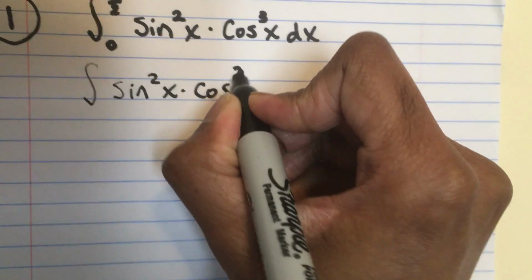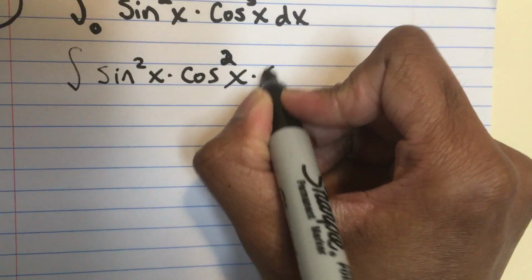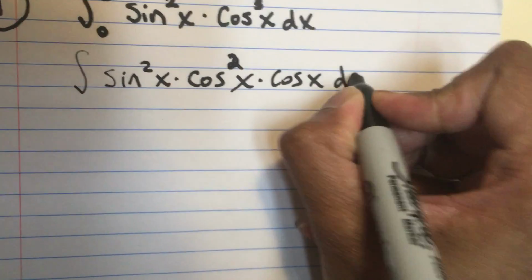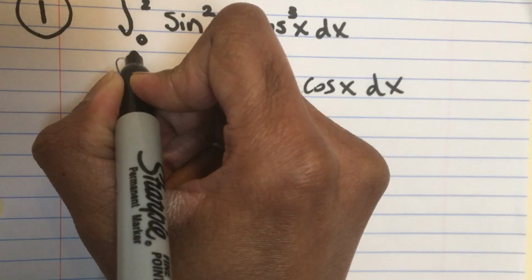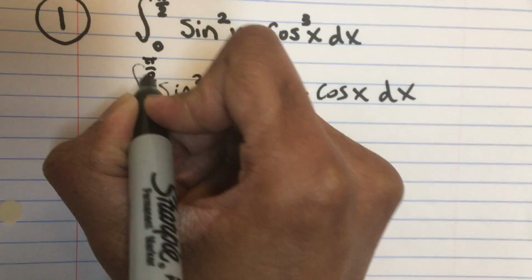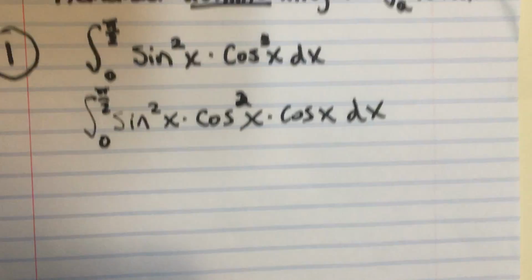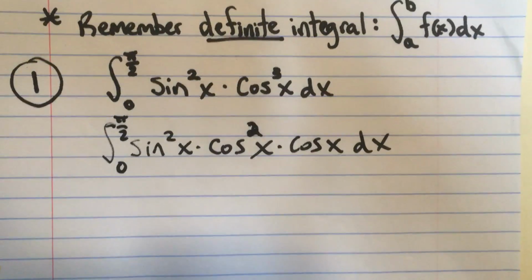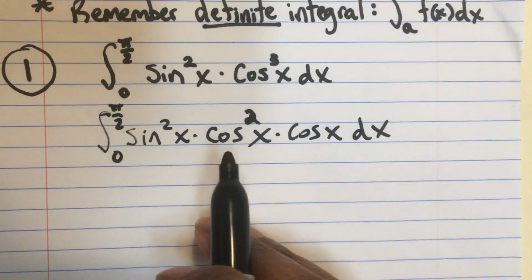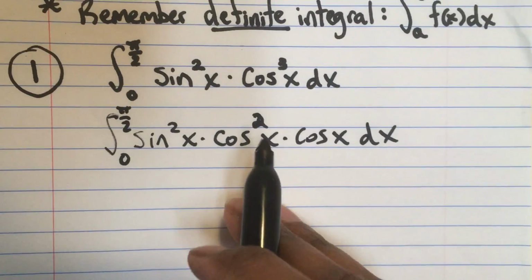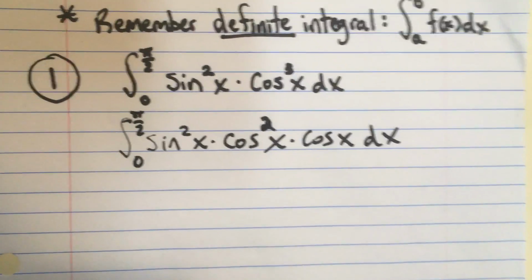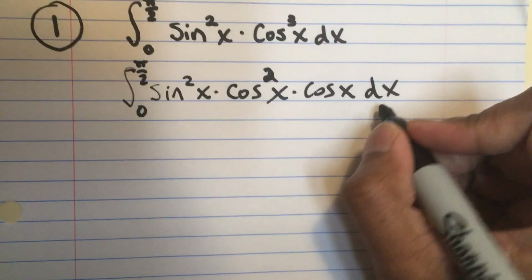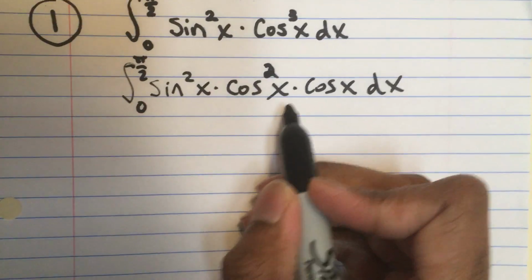Sine squared x times cosine squared x times cosine x dx from 0 to pi halves. Notice that we have sine squared x and cosine squared x. So now we can use those trig identities.